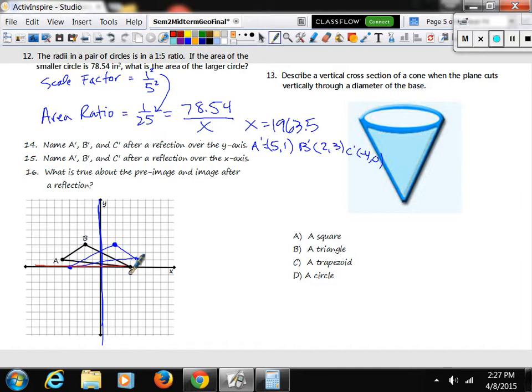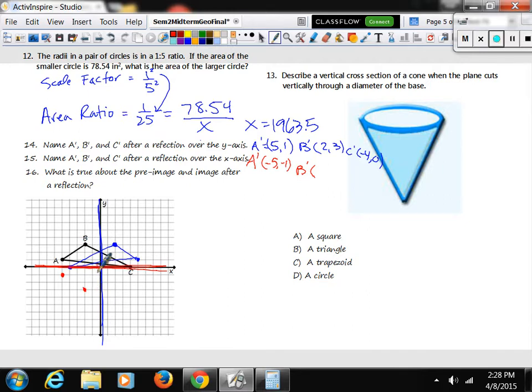If you folded it on the x-axis, then your A prime is going to be 1 above, so it's going to be 1 below. So negative 5, negative 1. B is 1, 2, 3 above, so B prime is 1, 2, 3 below.